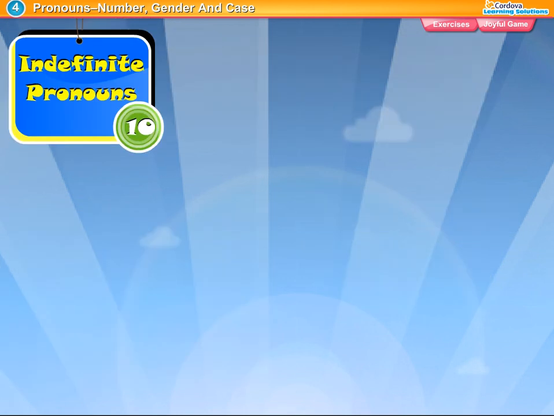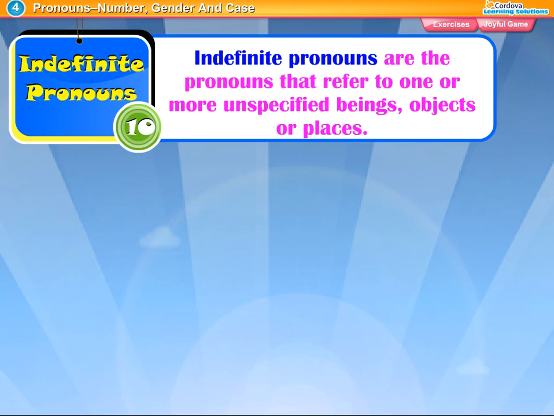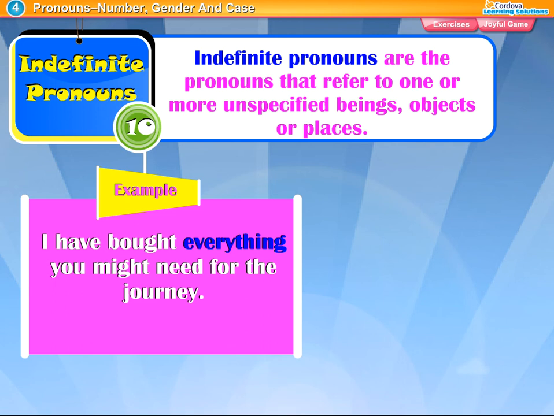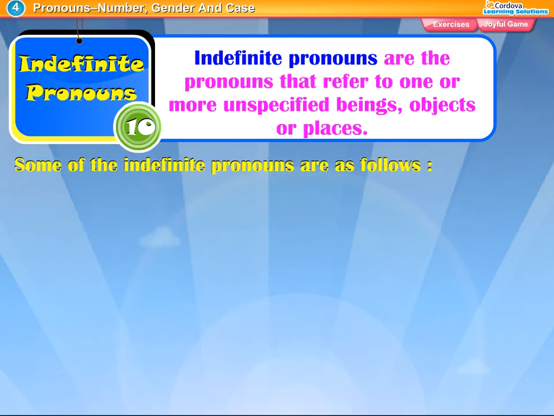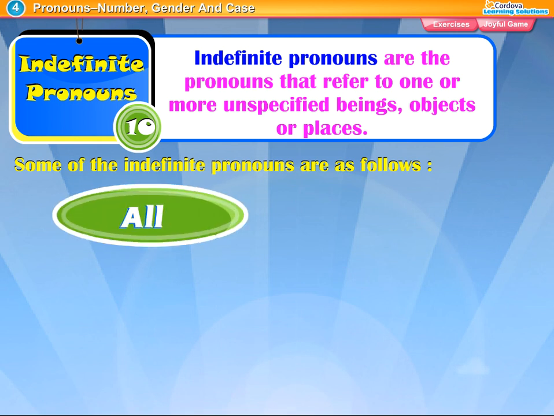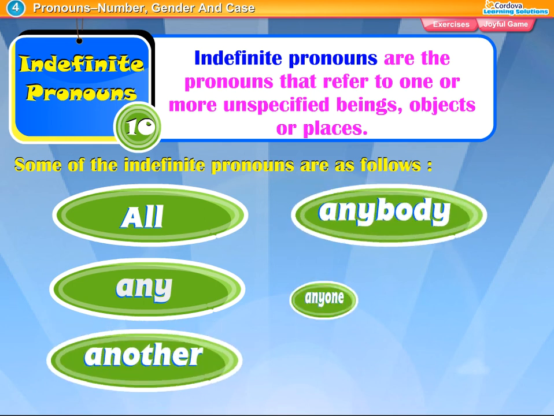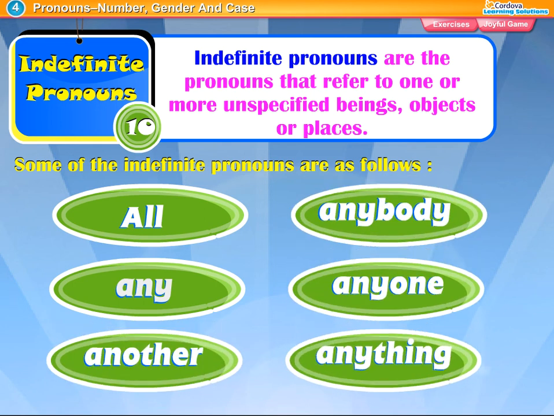Indefinite pronouns. Indefinite pronouns are the pronouns that refer to one or more unspecified beings, objects or places. Example: I have bought everything you might need for the journey. Some of the indefinite pronouns are as follows: all, any, another, anybody, anyone, anything.